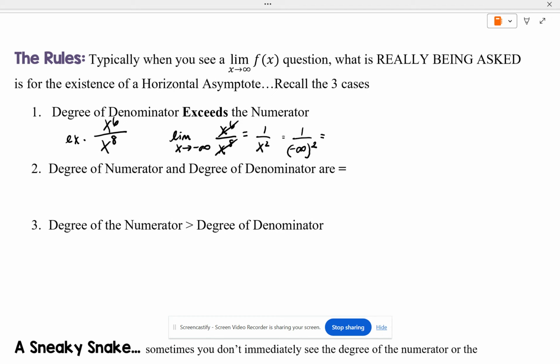So we would have our horizontal asymptote. We know that a horizontal asymptote by nature approaches but never gets to 0. We would say equals 0. So the limit as x approaches negative infinity of x to the 6th over x to the 8th equals 0. Whereas on the other side, positive infinity, same deal.